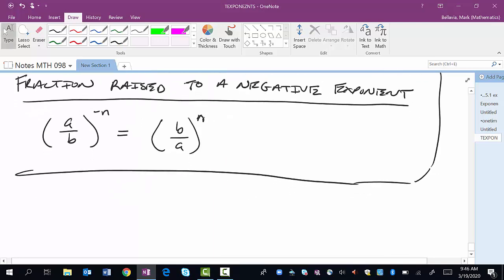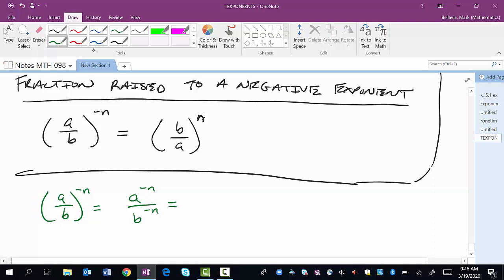I will show you why it's true, similar to how we did in the previous ones. Suppose I started with a over b to the negative n, and I didn't know the rule above. Well, then I would write this as bringing the power to each piece inside. I could say it's a to the negative n over b to the negative n, because that's a rule that we had, that if we have division or multiplication inside of an exponent, then you can bring the exponent to each piece.